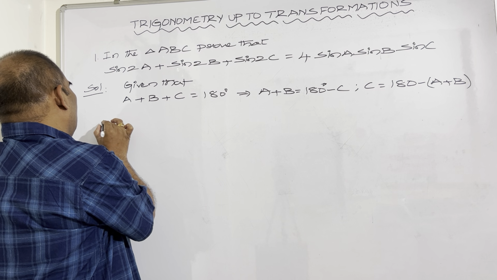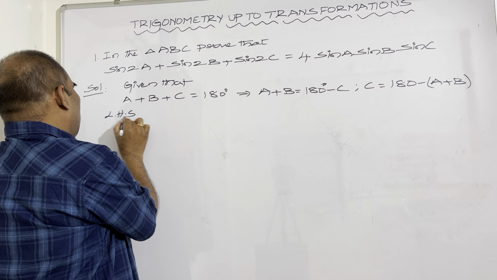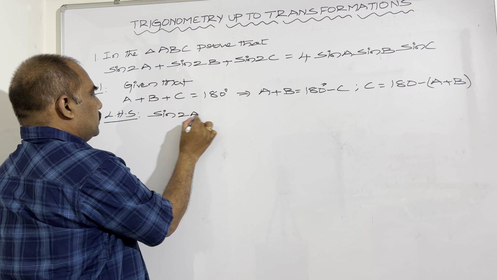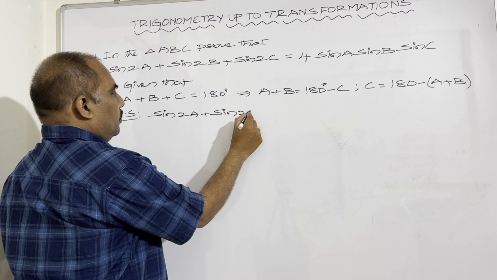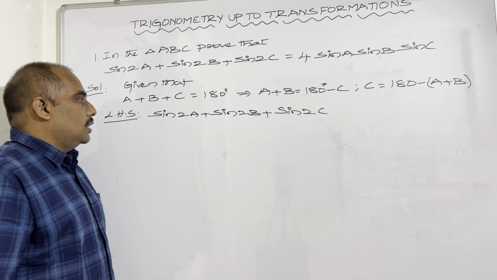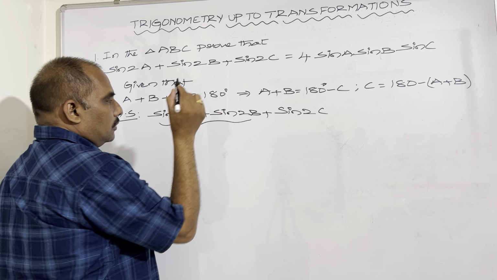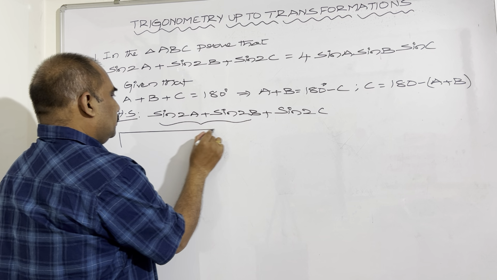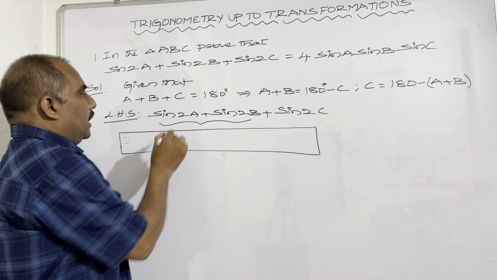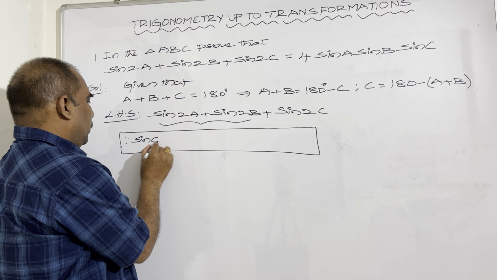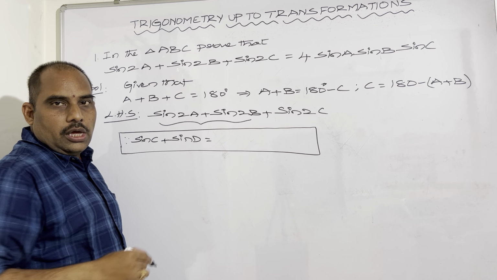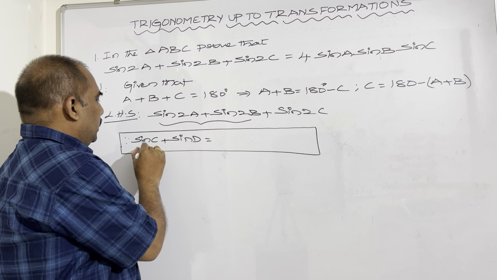Now I am taking the LHS. The left hand side is sin 2A + sin 2B + sin 2C. Observe that the first two terms are in the form sin C + sin D, where C is 2A and D is 2B.